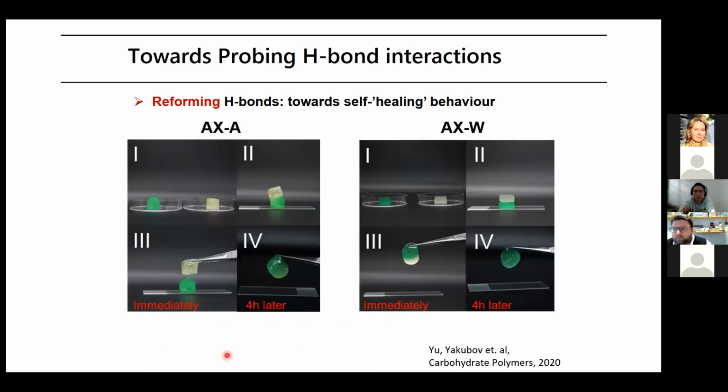And that gives an opportunity to engineer materials with self-healing properties. It means that we can bring these gels together and they will fuse, because the molecules still have sufficient mobility. We can really observe this fusion between the gels, because these gels are not fixed in stone. There's still residual mobility.